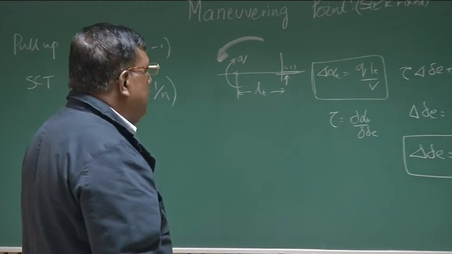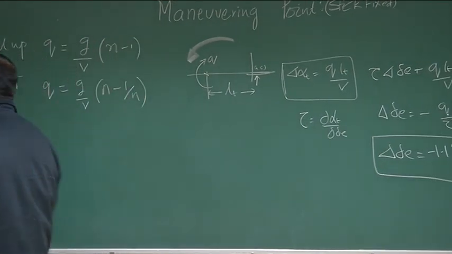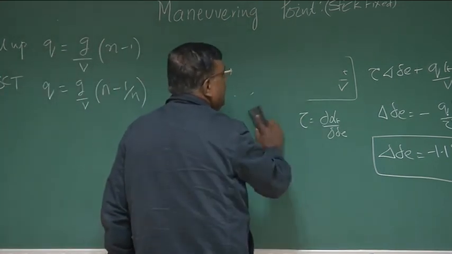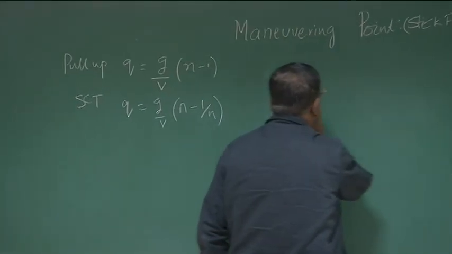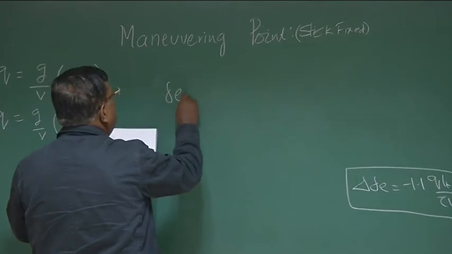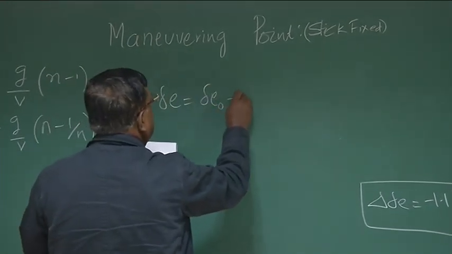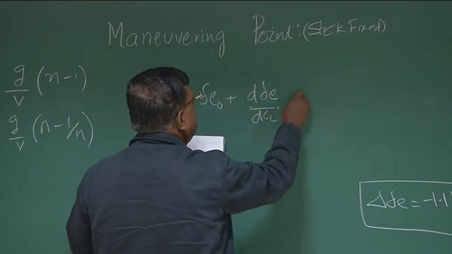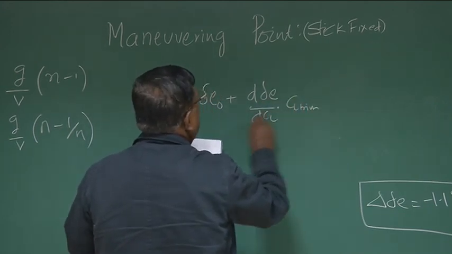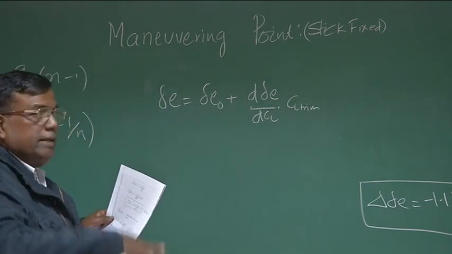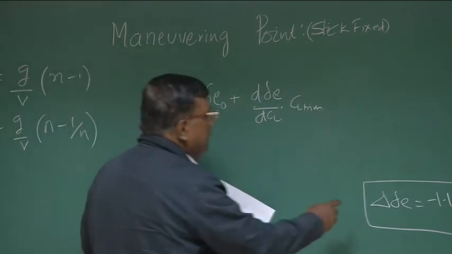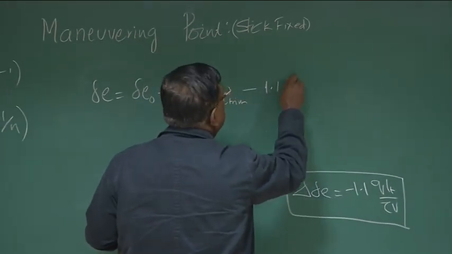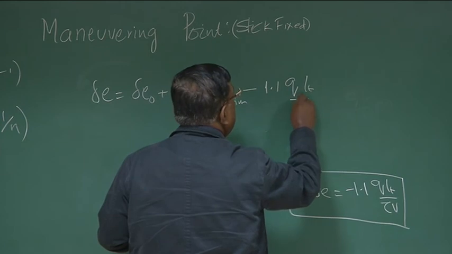Now, if I try to find out what is the delta E required, that was given by delta E naught plus d delta E by dCl trim into Cl trim. This is required for the cruise. Then because I am doing this maneuver, this additional delta E will come, so this is minus 1.1 Q LT by V.